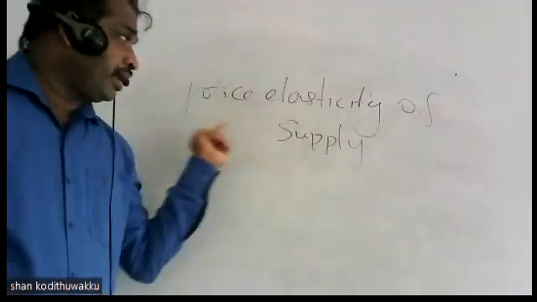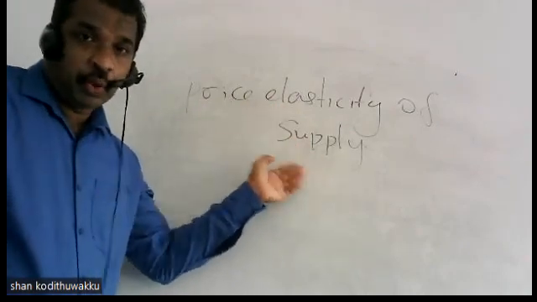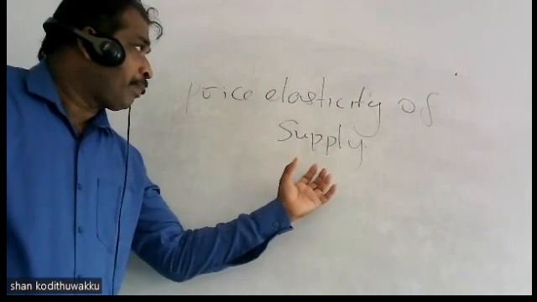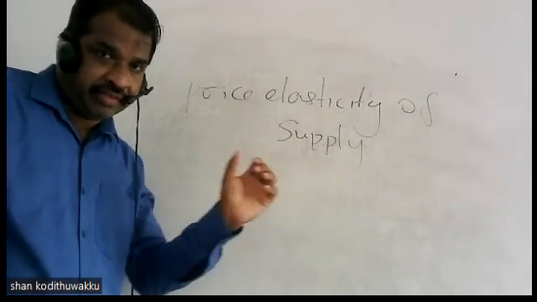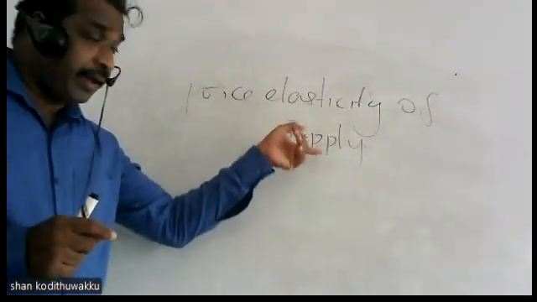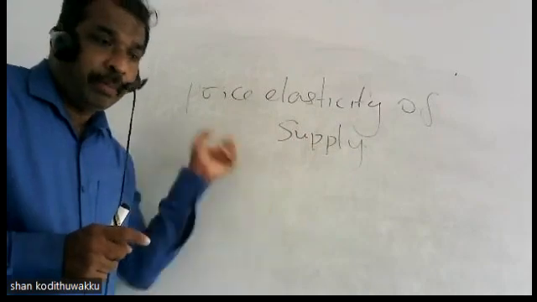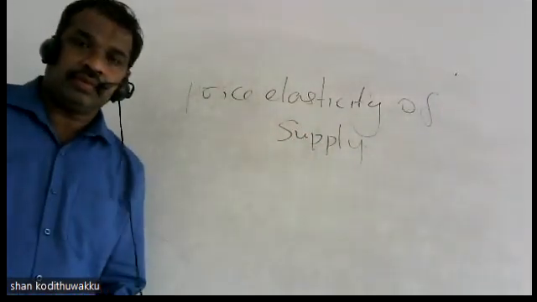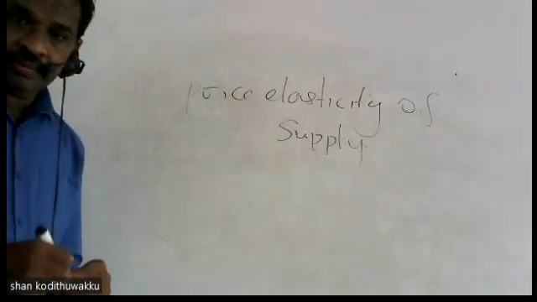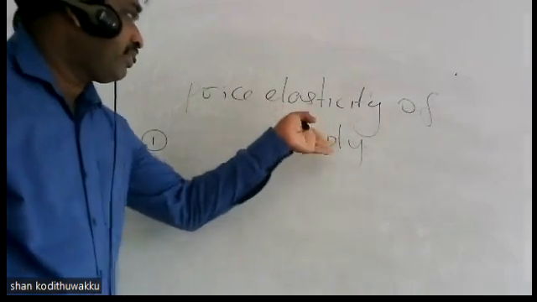Price elasticity of supply means the responsiveness of continuous supplies to a change in the price of the relevant commodity or product. That is the responsiveness of continuous supply to a change in the price of the concerned product. Then there are different factors affecting price elasticity of supply.